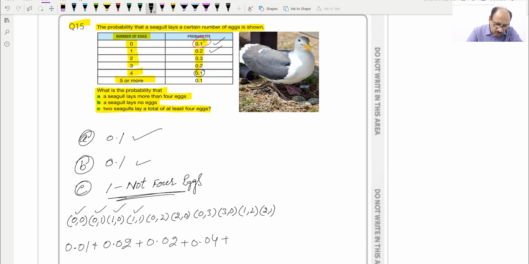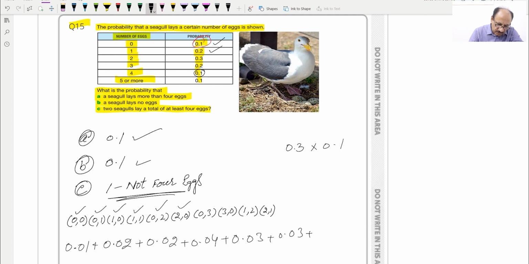Next is 0 and 2. So 0 is 0.1 and 2 is 0.3, so it will result in 0.03. Then 2 and 0: 2 is 0.3 and 0 is 0.1, resulting in 0.03 again.